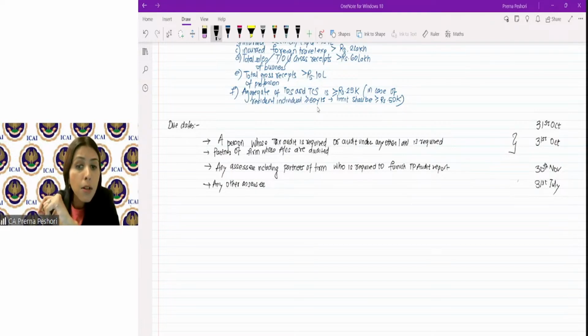For a partnership firm, Mansha, for LLP, you are required to file the return of income by 31st October only if the tax audit is required or LLP audit is required. Otherwise, you have to file the return by 31st July if you do not have any tax audit or any other audit under the LLP Act. You are required to file the return by 31st July. Clear, Mansha?